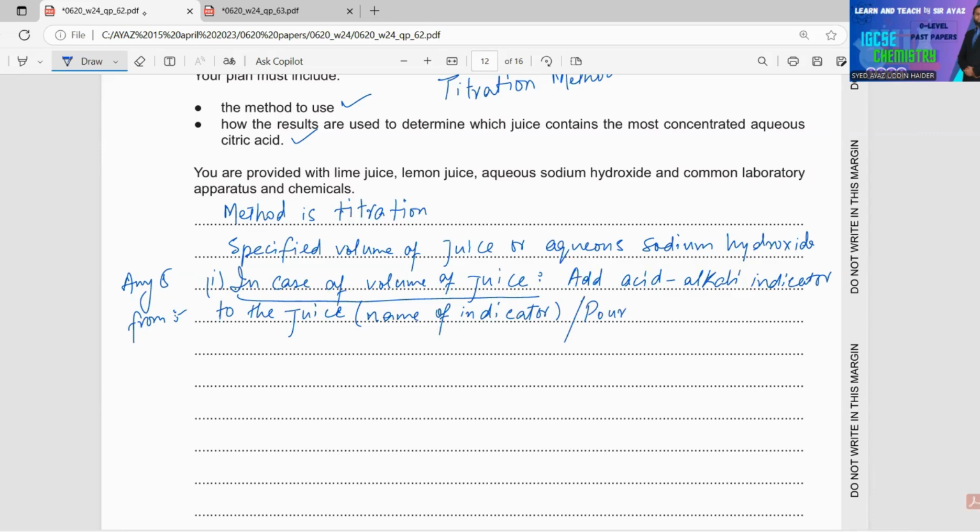Pour juice in a conical flask for titration.